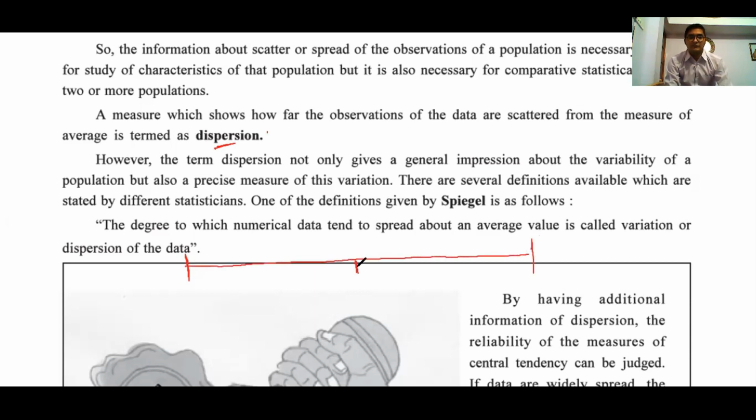Now, if this is an average point, then a measure which shows how far the observations of data are scattered from the average means some observations are on the left side and some observations are plotted on the right side, and the average shows the middle of this, that is called average.